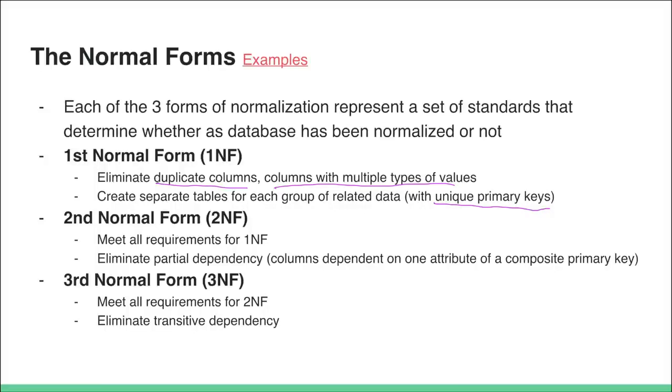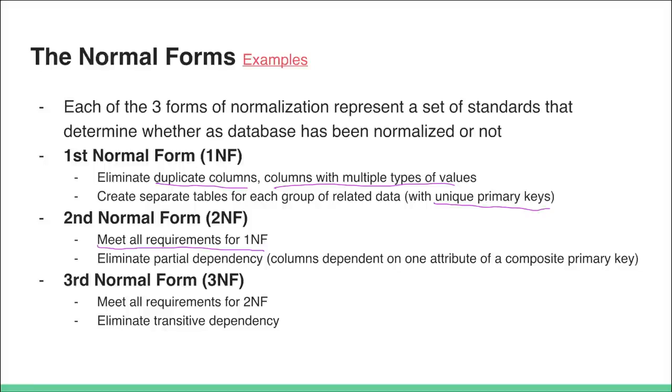I think the IB exam actually had primary keys in the second normal form, but that doesn't matter as much, because to even have second normal form, you need to meet all the requirements for the first normal form. So regardless of where you put it, you're going to have to be doing that anyway.